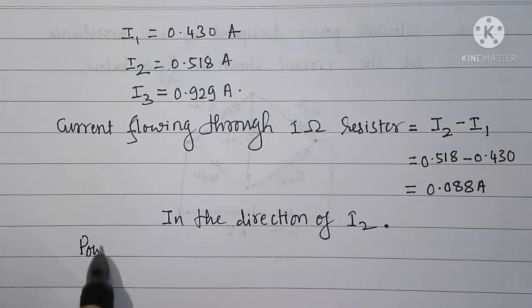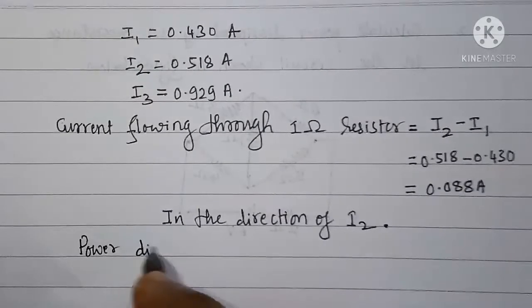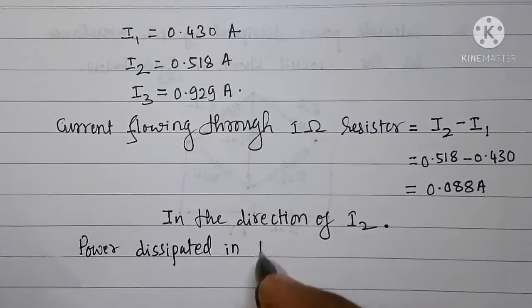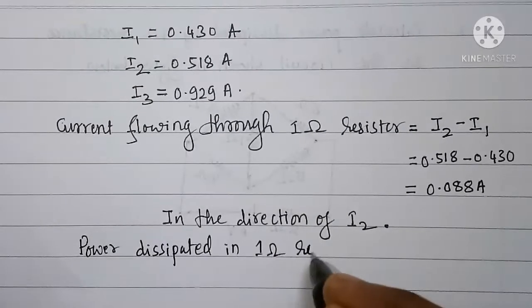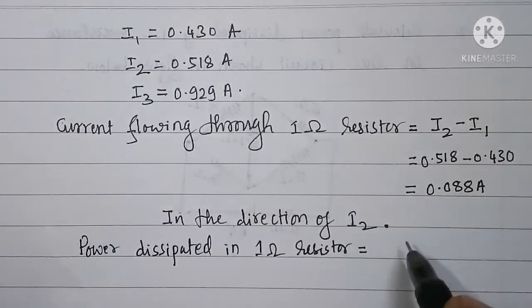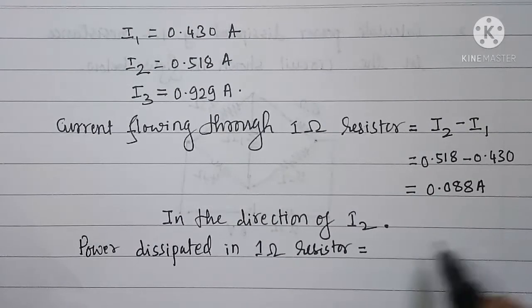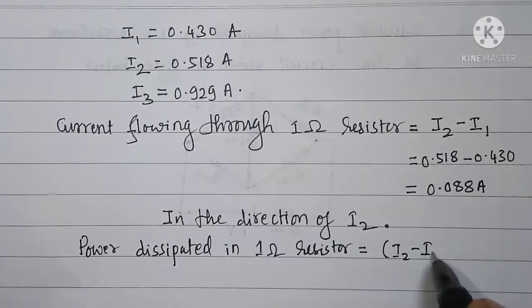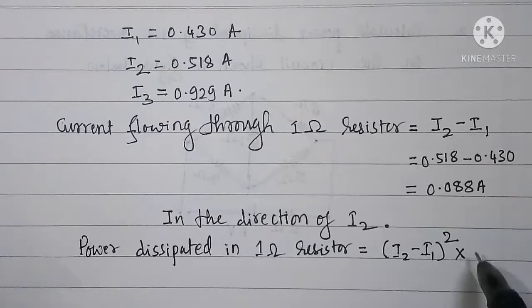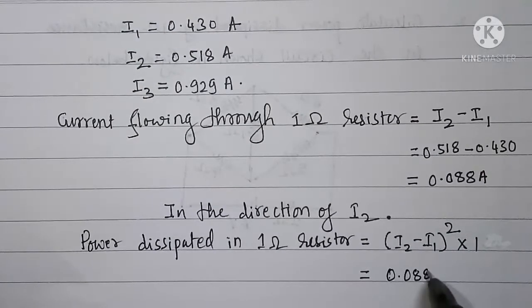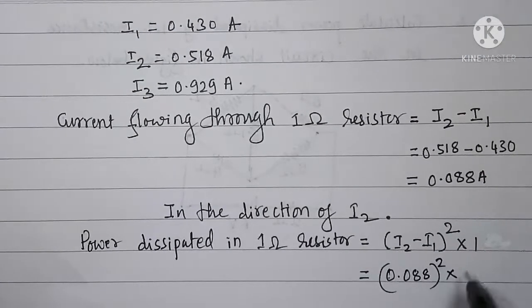Next we will calculate the power dissipated in the 1 ohm resistor, which is equal to the current through the 1 ohm resistor squared, that is I2 minus I1 squared, into 1 ohm, that is 0.088 squared into 1.